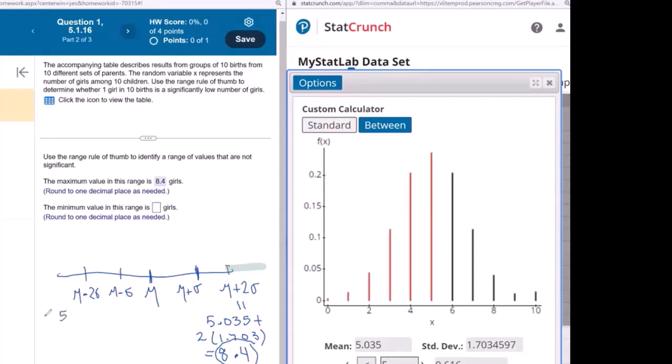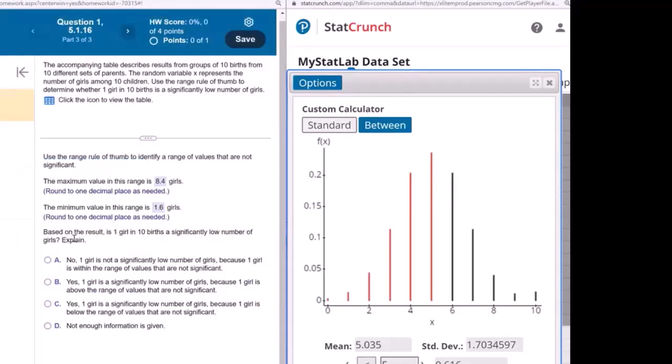Mu, which is 5.035, minus, rounding to 1 decimal place, 1.6. Check it. Perfect. Based on the results, is one girl in 10 births a significantly low number of girls?